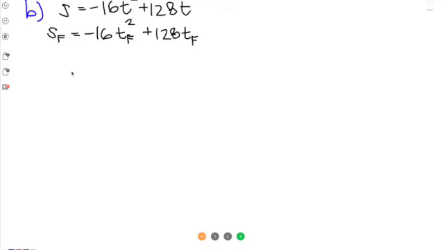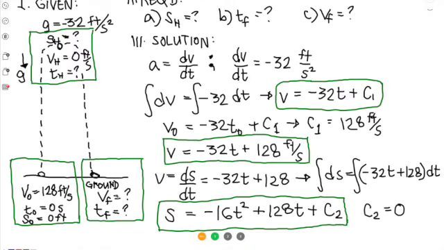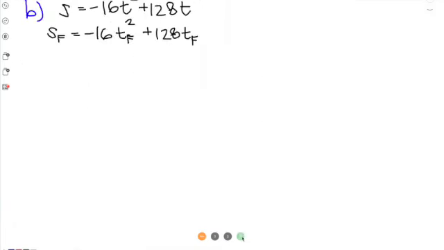So we know that at this point, let me write here that SF, we went back to our initial position, which is 0 feet. Okay, so let's substitute 0 in here.